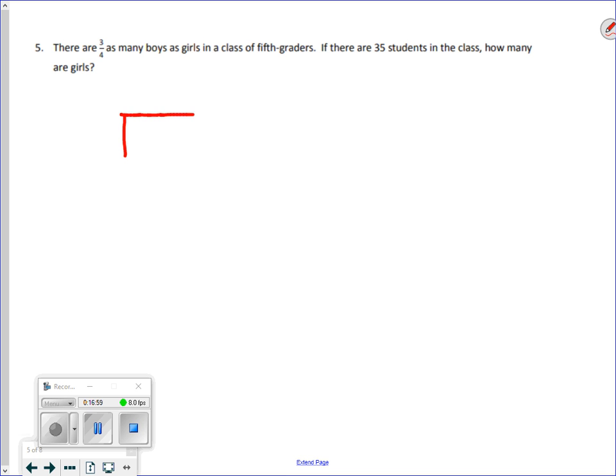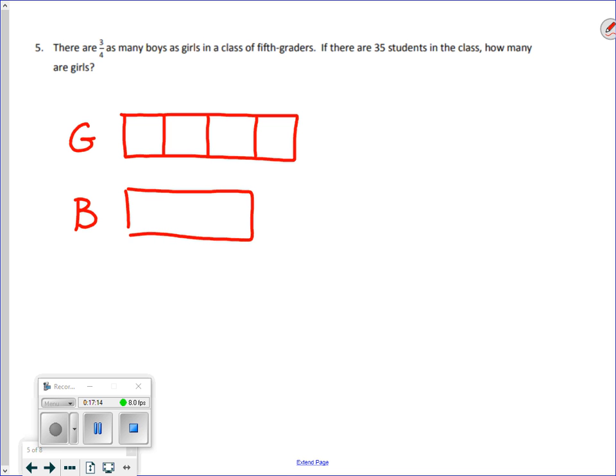This one you do need a tape diagram. Okay, so if this is girls, and we have 3/4 as many boys as girls. Boys is 1, 2, 3.